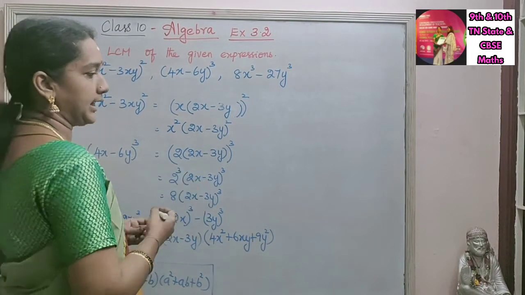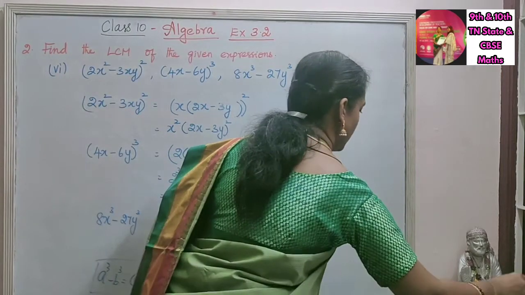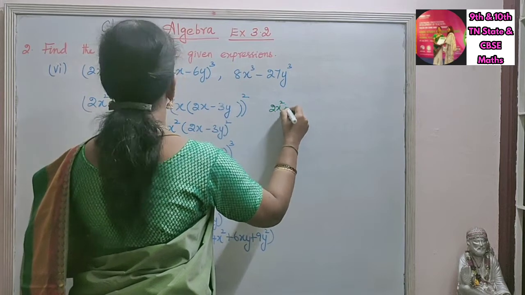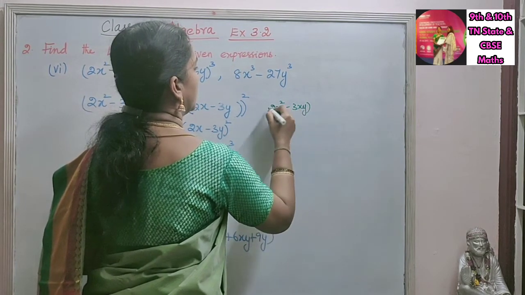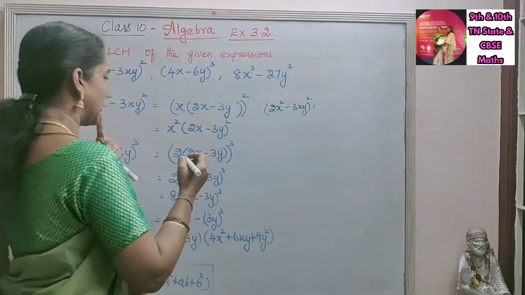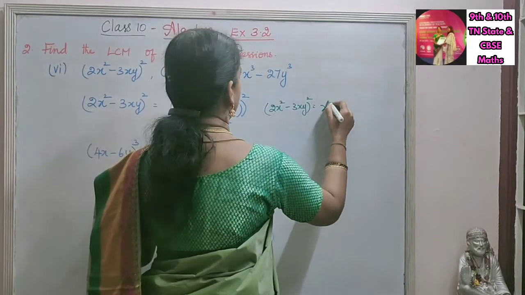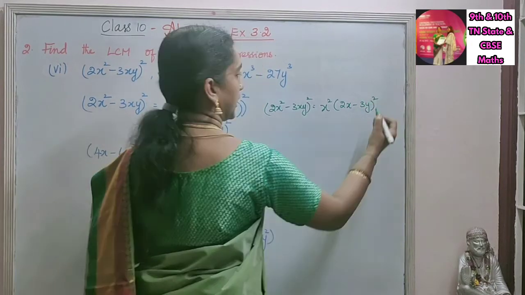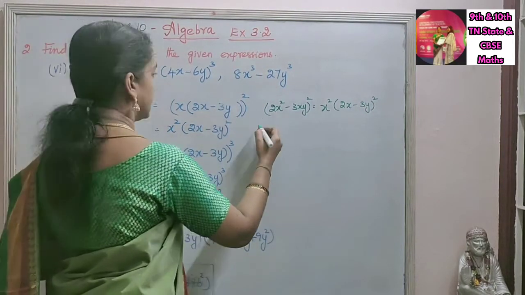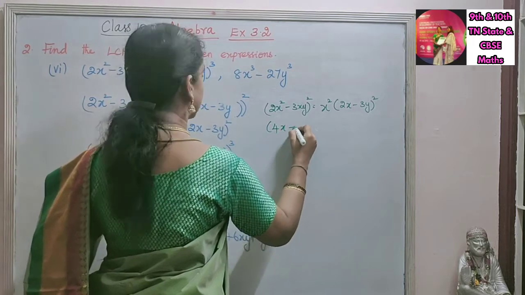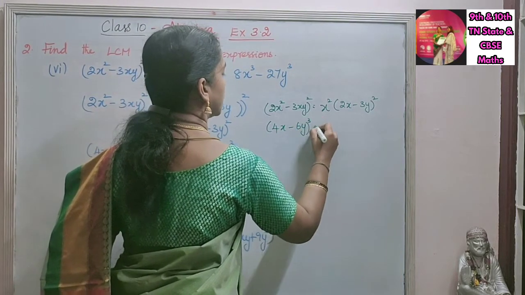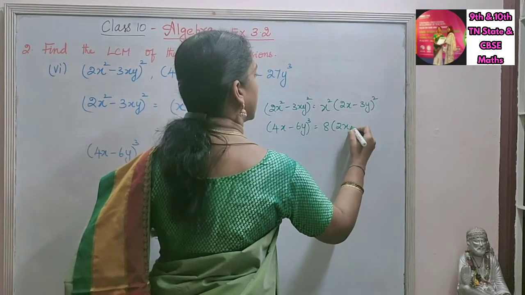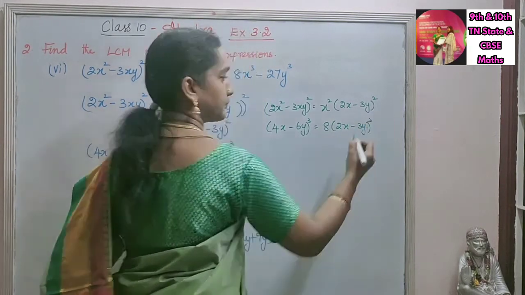Now we will find the LCM. For 2x squared minus 3xy the whole square, the factors are x squared into 2x minus 3y the whole square. Then the second one, 4x minus 6y the whole cube, is equal to 8 into 2x minus 3y the whole cube.